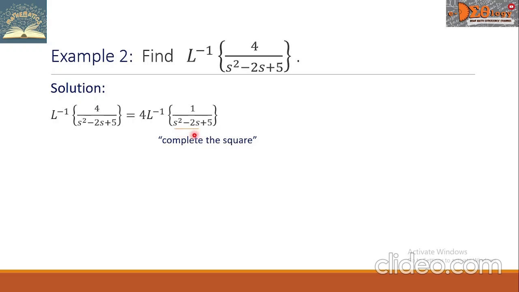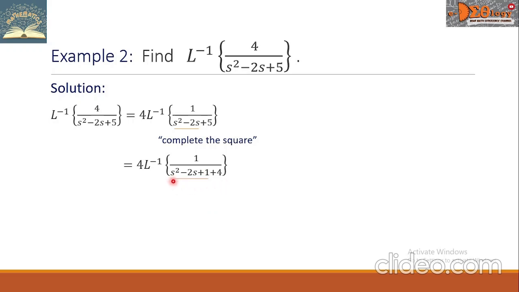These are the two terms of a perfect square trinomial. We need the third term, and that term is the value 1. We can take the value 1 from the constant 5. We're going to split 5 into two values, which is 1 plus 4.